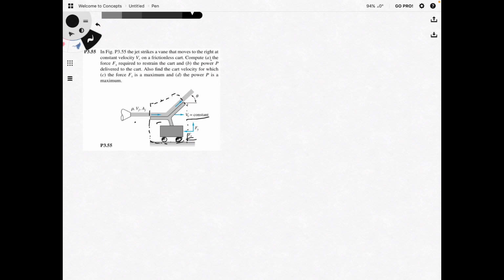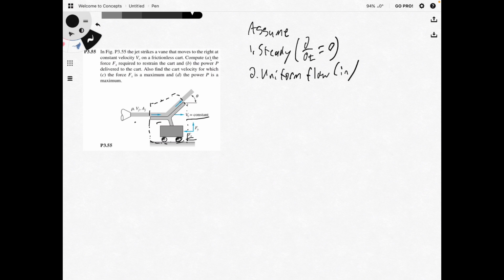Okay, so I have my control volume all laid out, so we're going to start with some assumptions. First of all, we're going to assume that it's steady. So that means remember our partial with respect to t is going to be 0. Second, we're going to assume that this is a uniform flow, so that means our inlets and outlets are 1D.